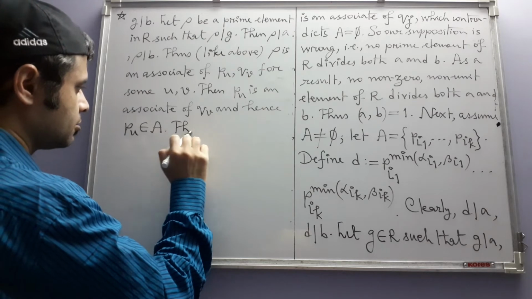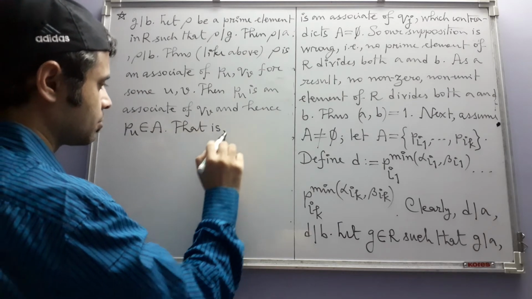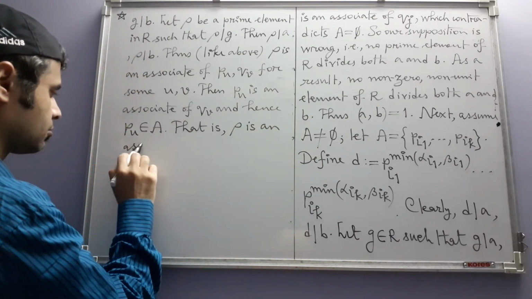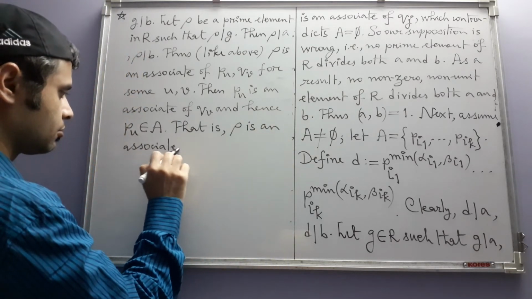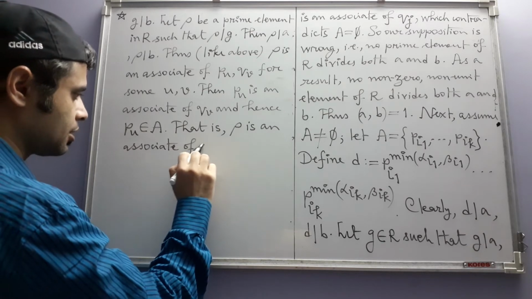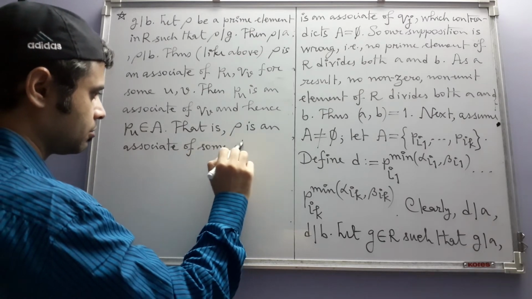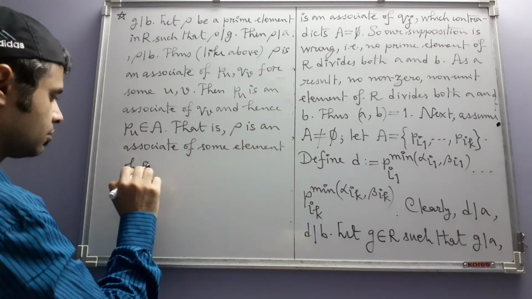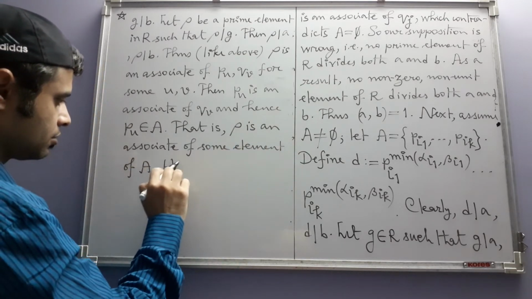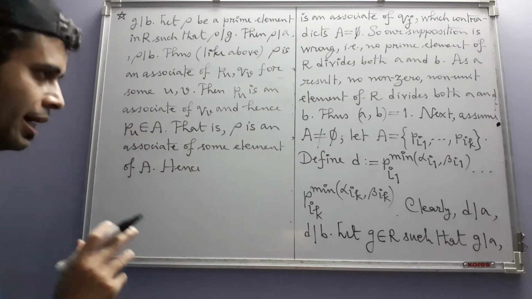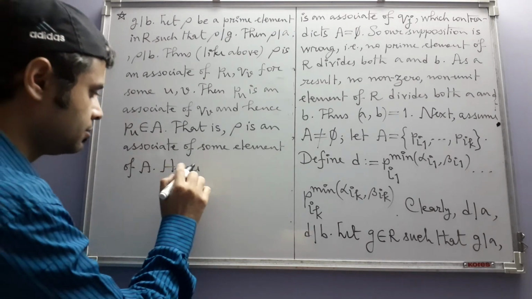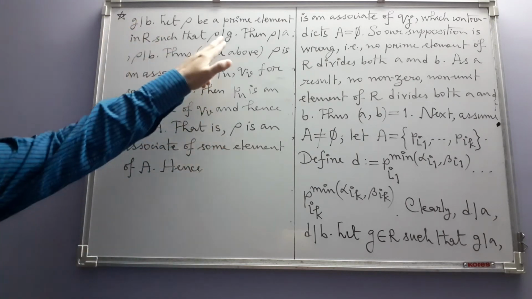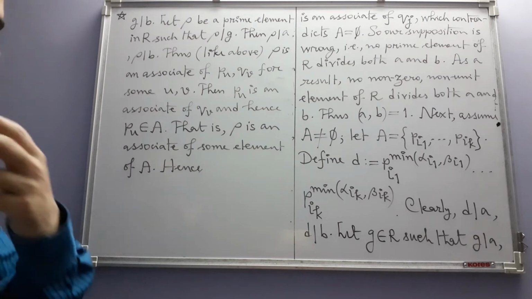That is, rho is an associate of some element of A. So that's how rho will be, which tells us what about G. If G is a unit, fine.